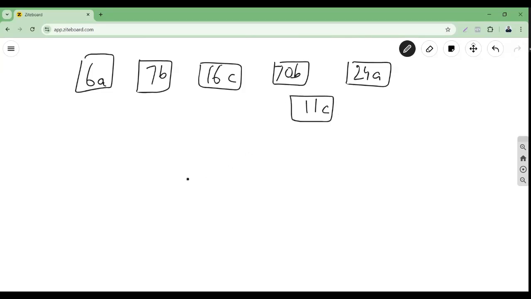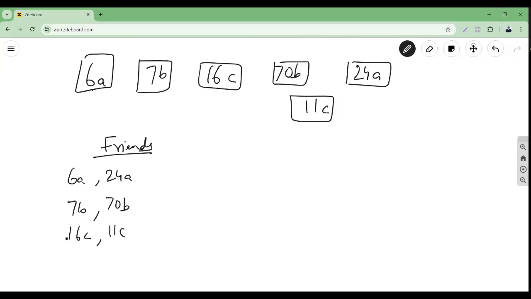These are all different terms. Who are friends? If you see here, 6a and 24a are friends with each other. 7b and 70b, these two are friends. 16c and 11c, these two are friends.